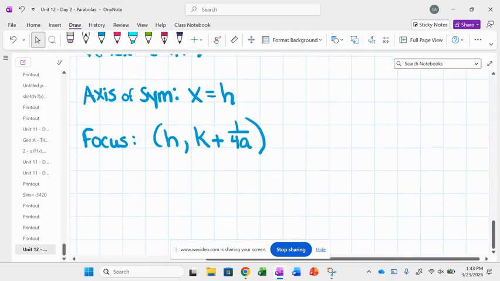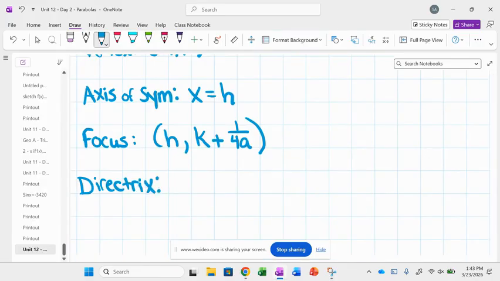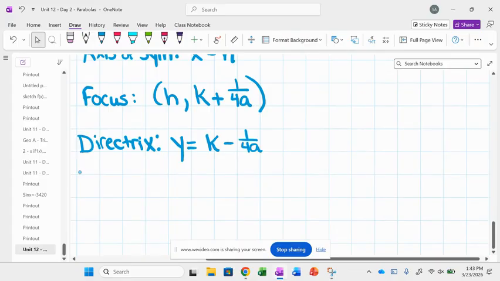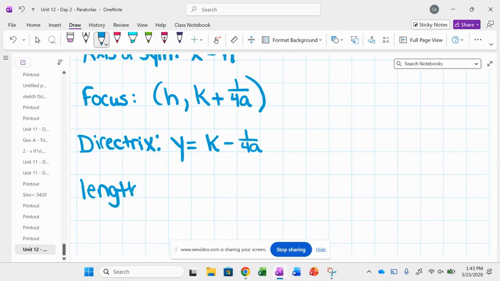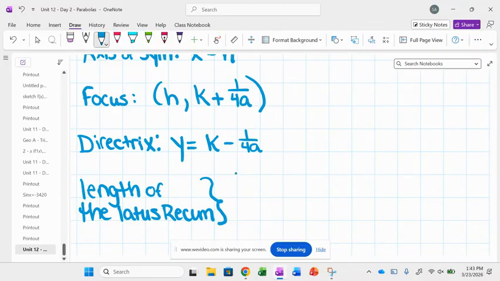And then we're going to have the directrix. What is the directrix? A line. So that's going to be y equals k minus 1 over 4a. The length of the latus rectum is going to be the absolute value of 1 over a.